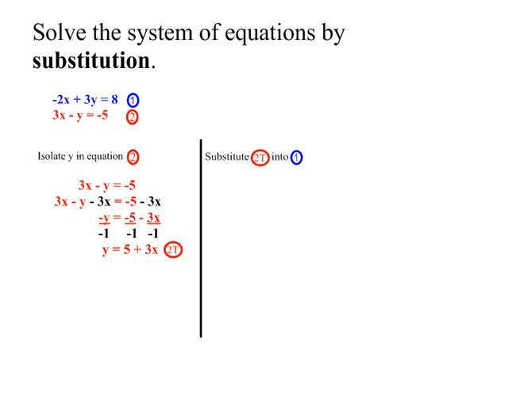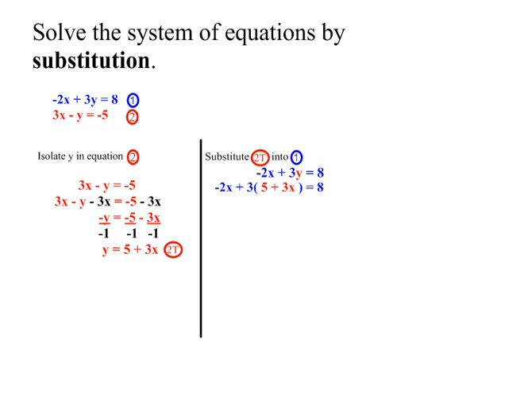Now if we move on, what we can do, and this is the name of this method, is substitute this equation 2t into equation 1. So the equation 1 was minus 2x plus 3y is equal to 8. So y, as we see in equation 2t, is now 5 plus 3x.